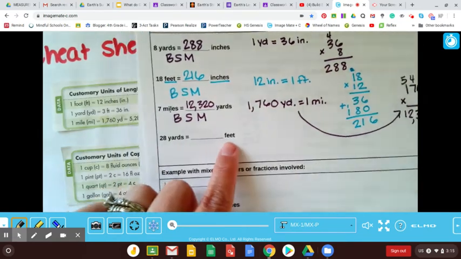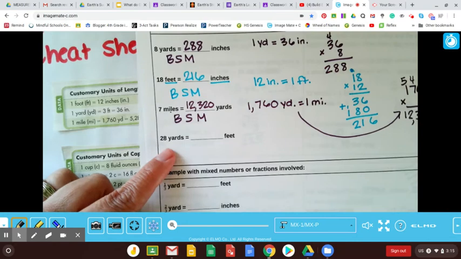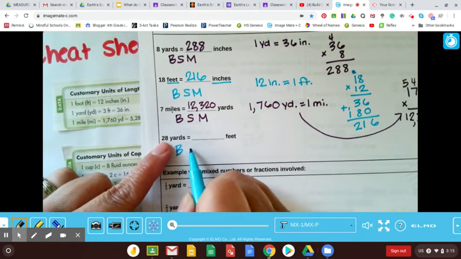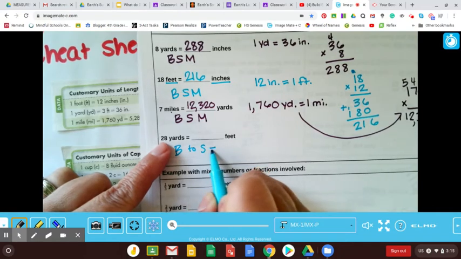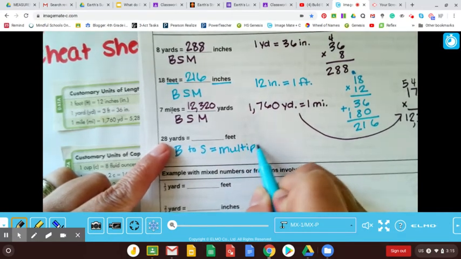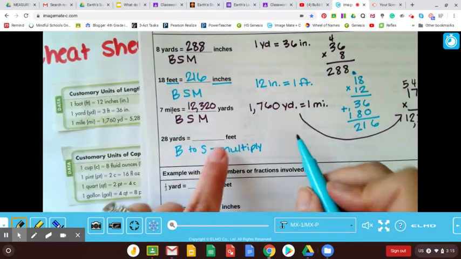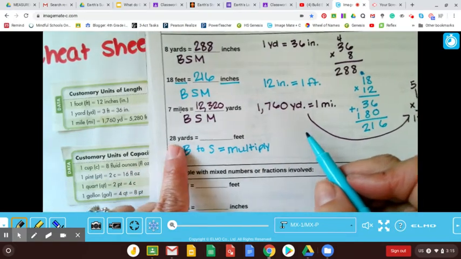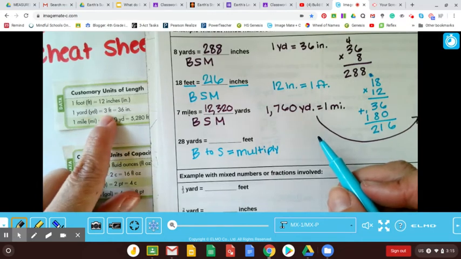28 yards is how many feet? All right, so we're going from a bigger unit to a smaller unit. So we are going to multiply. Big smelly monkeys. Okay. How many feet are in 1 yard? Right? Let's look over here. How many feet are in 1 yard?